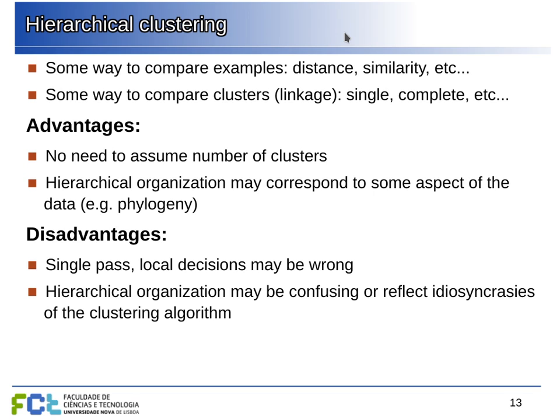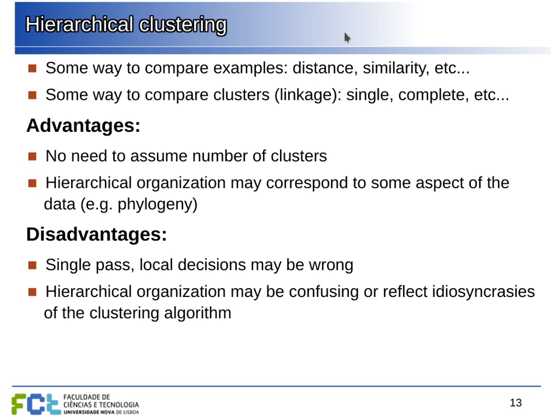One advantage of hierarchical clustering is that we do not need to assume a number of clusters. And then we get a hierarchical organization of clusters within clusters that hopefully correspond to some aspect of the data that we want to capture.